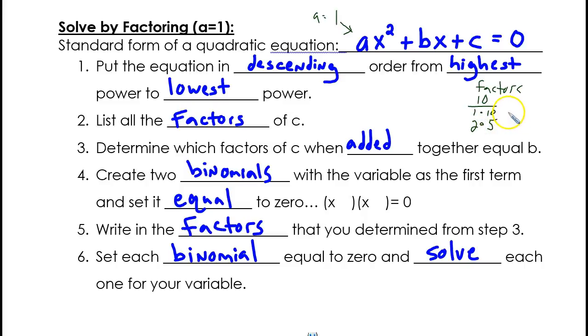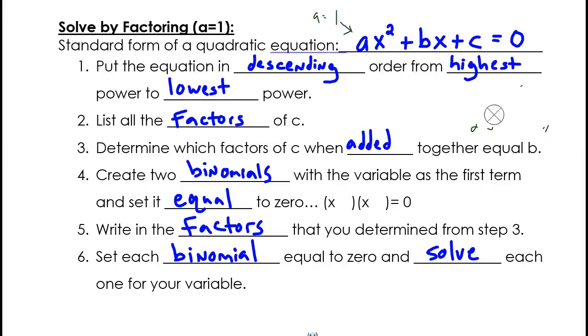But we also have to think about -1 times -10 and -2 times -5. Those would also be factors because they would multiply to give us 10. So we're going to be looking at both positives and negatives, and the quadratic will tell us which of these we need to focus in on.